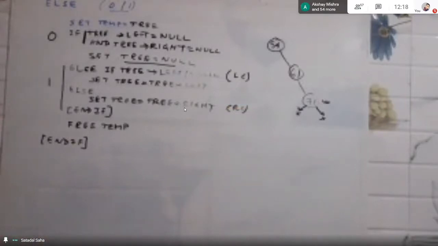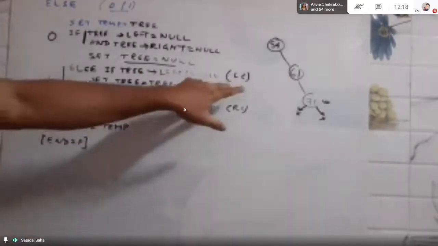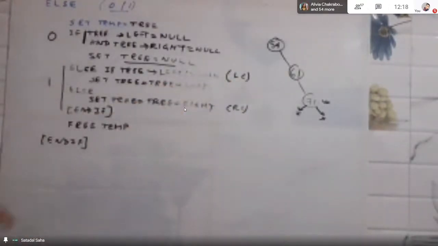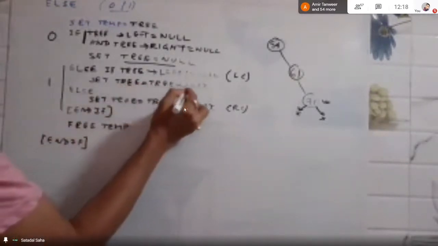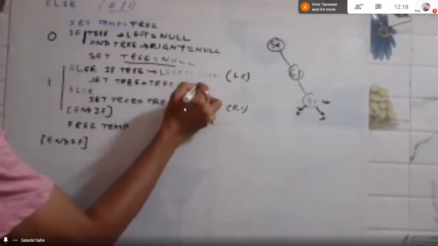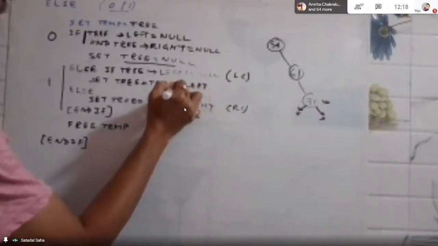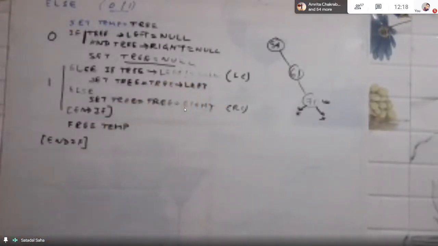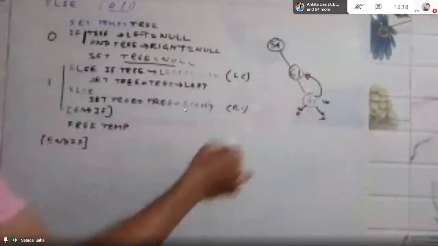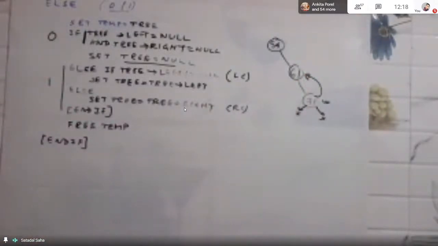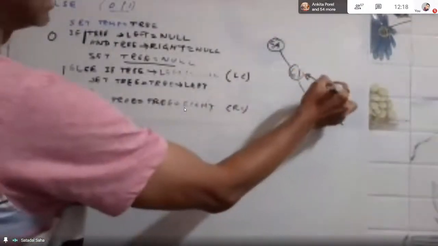Because there is no term with n, and therefore p is equal to 1. Now you compare a and b power k. So what is a? 4. What is b power k? 2 power 0. So now you understood that a is greater than b power k, which is nothing but case 1. Then in that case, t of n equal to theta of n power log a base b, isn't it? Then theta of n power log a base b is nothing but n square. Therefore answer is theta of n square.